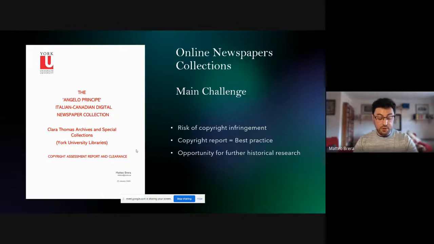But it was also, at least in my experience, very, very useful to study copyright with an eye to history, because every single person, every single layer that makes up the compilation, which is the newspaper, at least in the eyes of the law, can be studied in historical perspective.